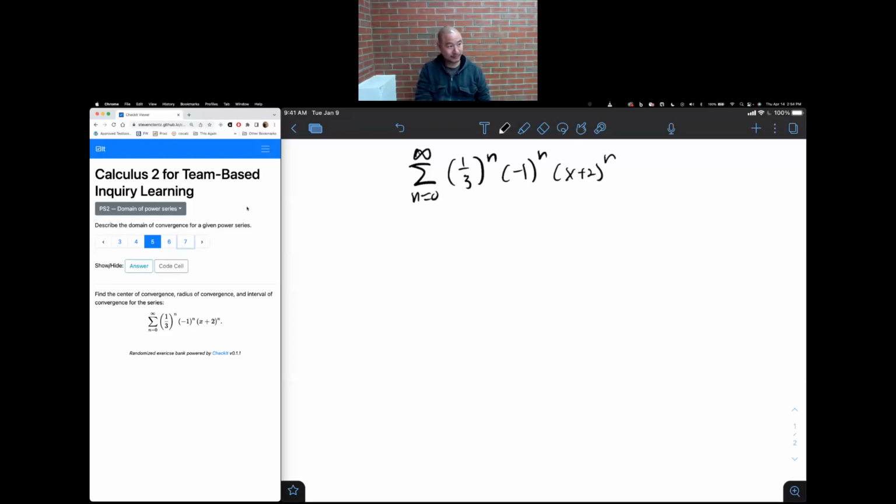I first want to find the center of convergence. We note that all the powers of x + 2 evaluate to 0 when x is equal to -2.